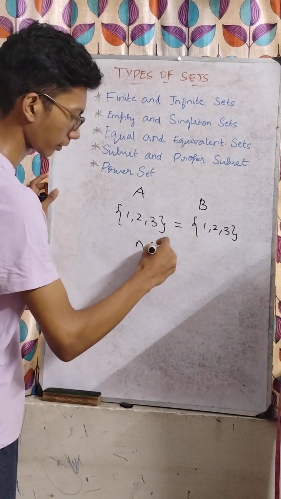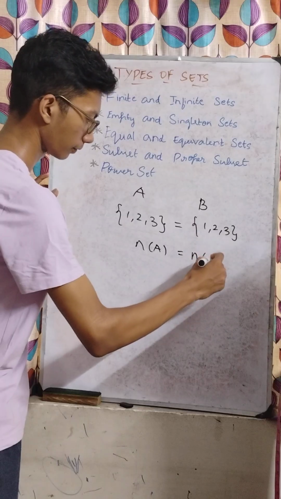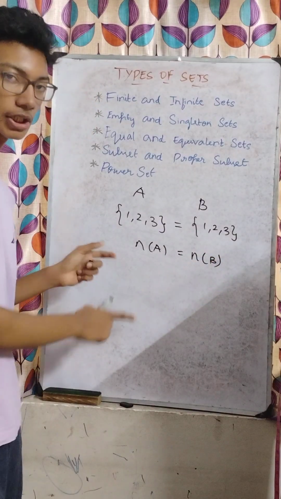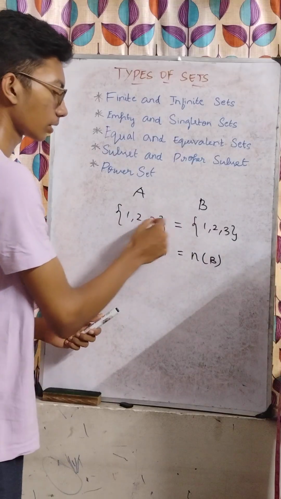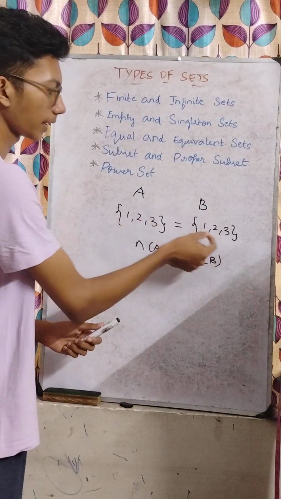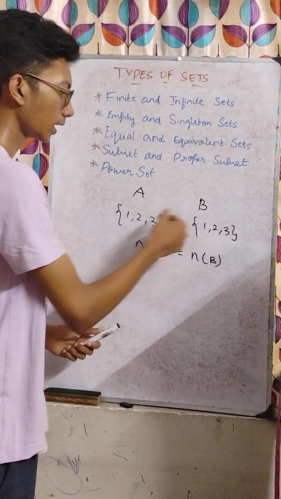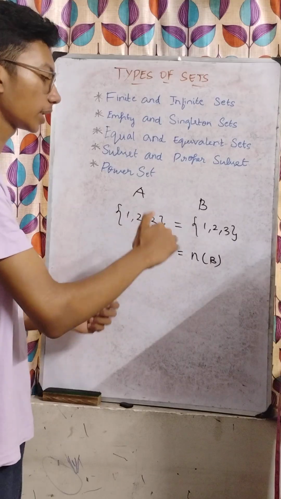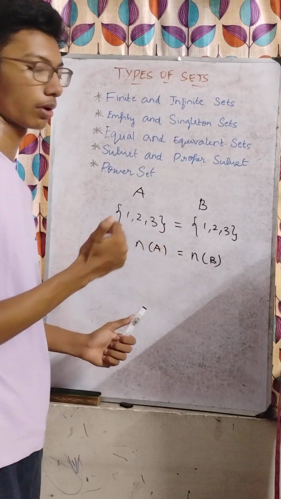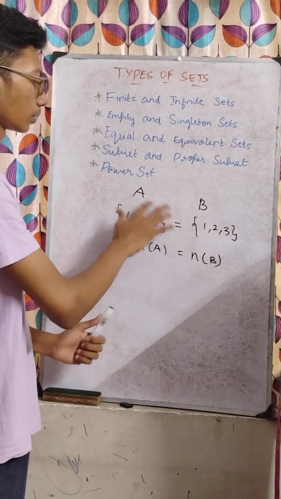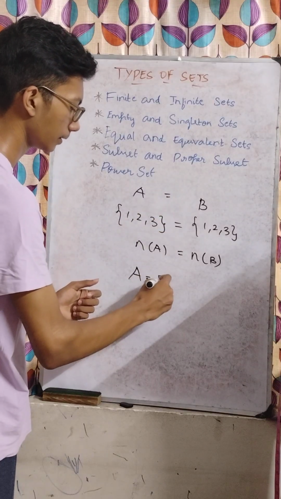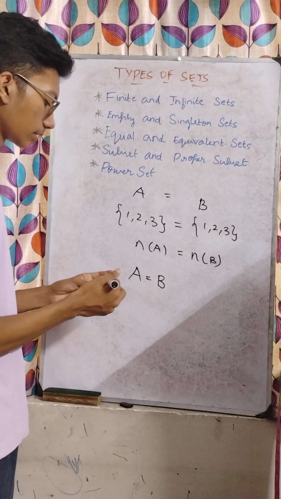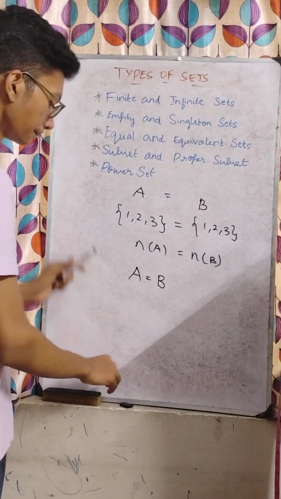Because n of A is equal to n of B. This is one condition we need to check. We also have to check if each element is the same. So we have 1 here, 1 here, 2 here, 2 here, 3 here and 3 here. Since all the elements are the same and n of A is equal to n of B, we can conclude A is equal to B. So we write it as A equals B, just a normal equal sign.